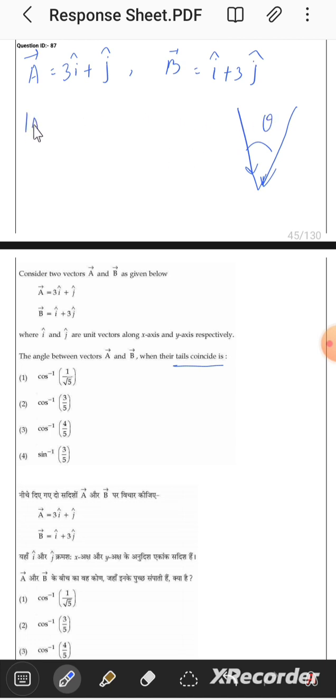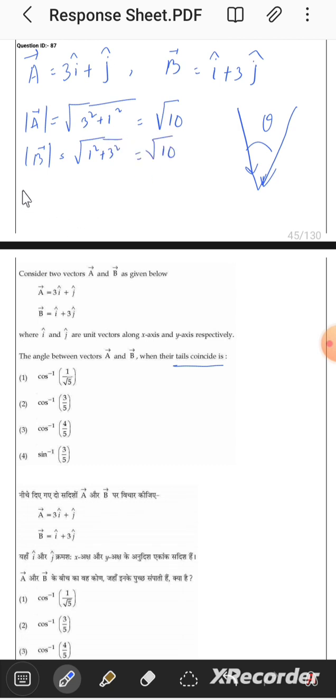So mod of a vector, just finding the values, it will be root over of 10, and mod of b vector will be the same, 1 square plus 3 square, root over of 10.